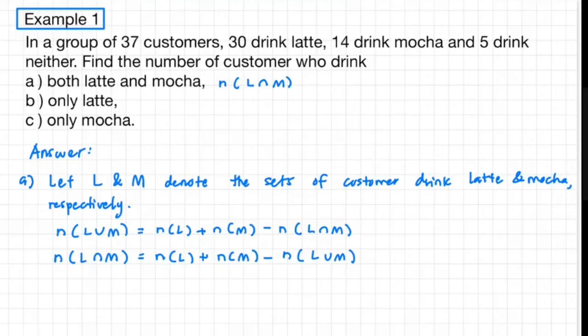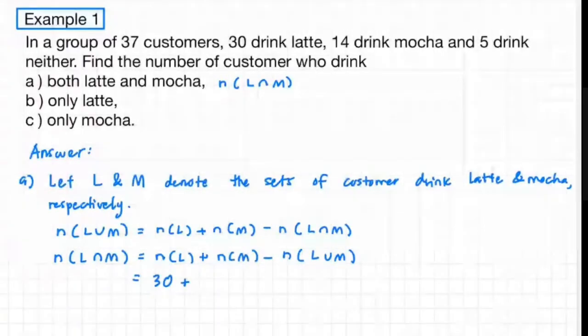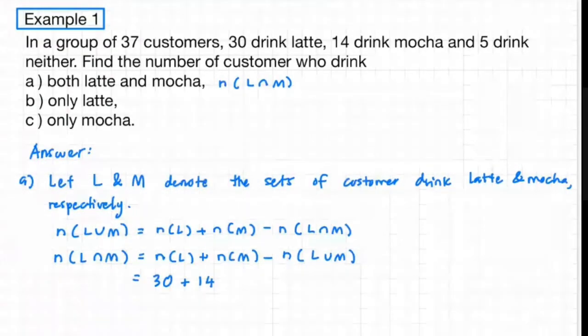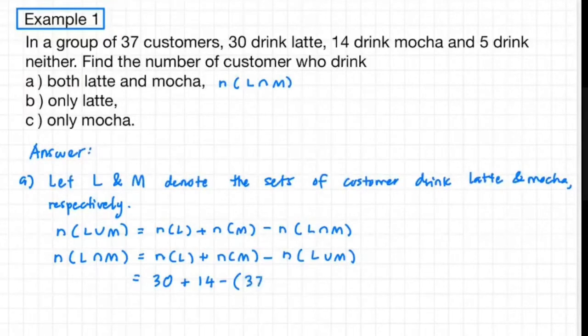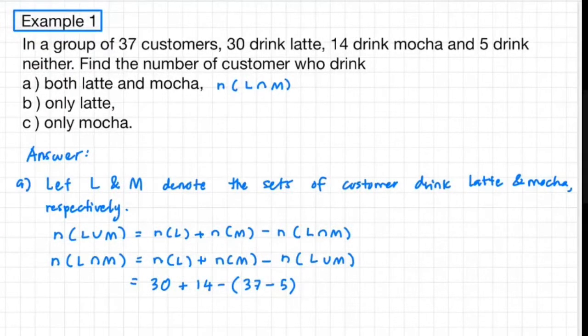You know from the question, N(L) is equal to 30, N(M) is equal to 14, and N(L union M) is equal to 37 minus 5. Let's draw the Venn diagram of this problem.